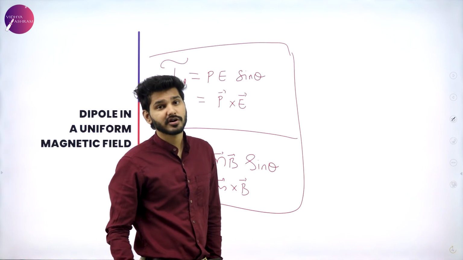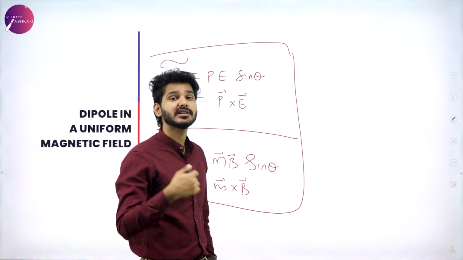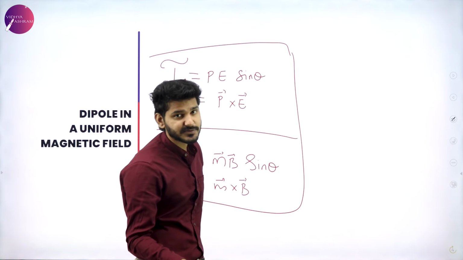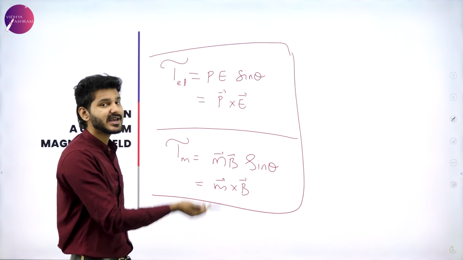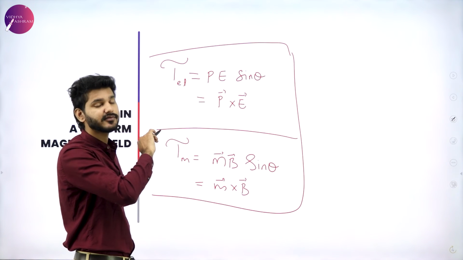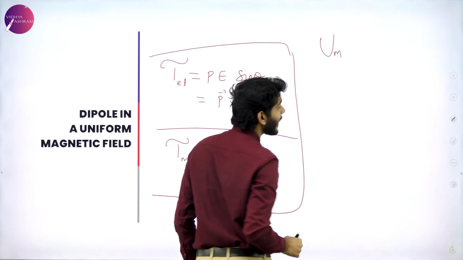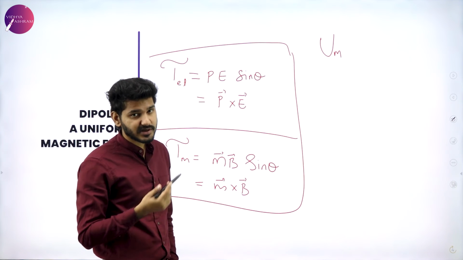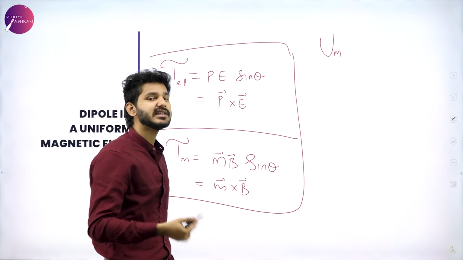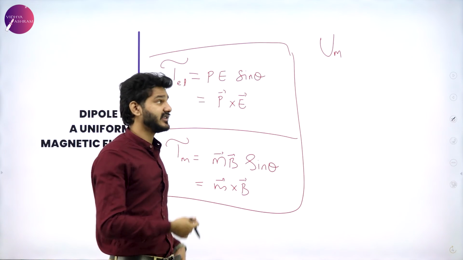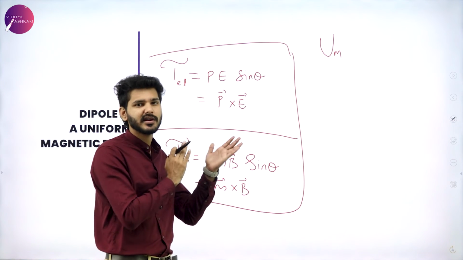That is, in order to find the potential energy, we calculate the work done. We know that the equation for work is force times displacement, or in this particular case, it is the rotational sense of force, that is torque. So we can say that it is the potential energy of the magnetic dipole moment here. I'm not going to explain this any further because it was clearly explained in the electrostatics chapter and it is the same thing. We are just comparing things here.